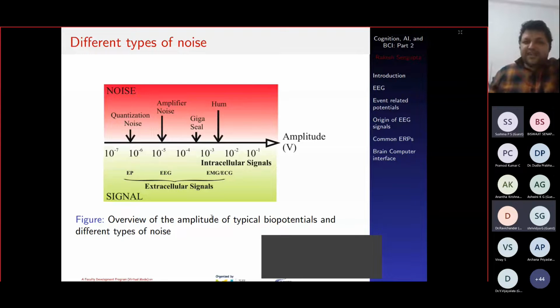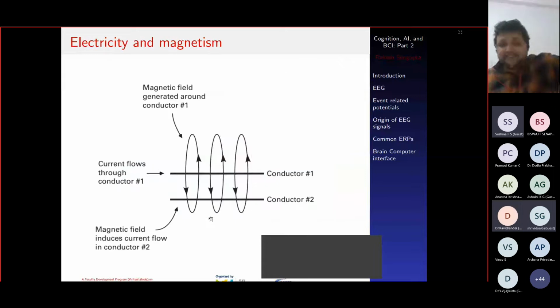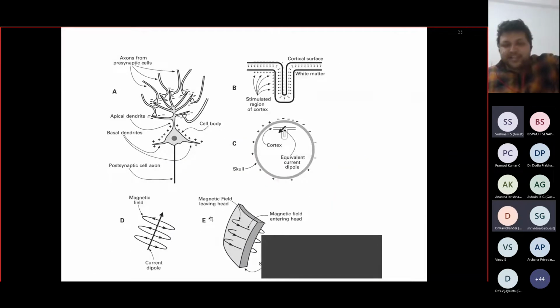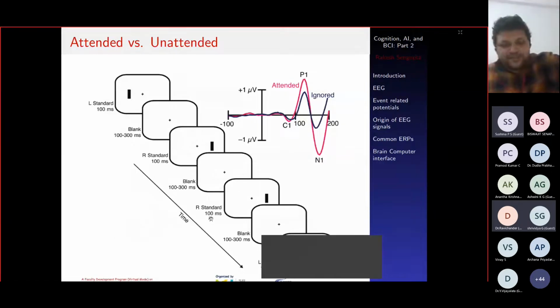So there can be a lot of amplifier noise and other things that can disrupt it, so we need to be careful when dealing with EEG signals. Some of the other BCI devices that are used have their own way of handling these problems, but one of our other colleagues will probably talk about that.